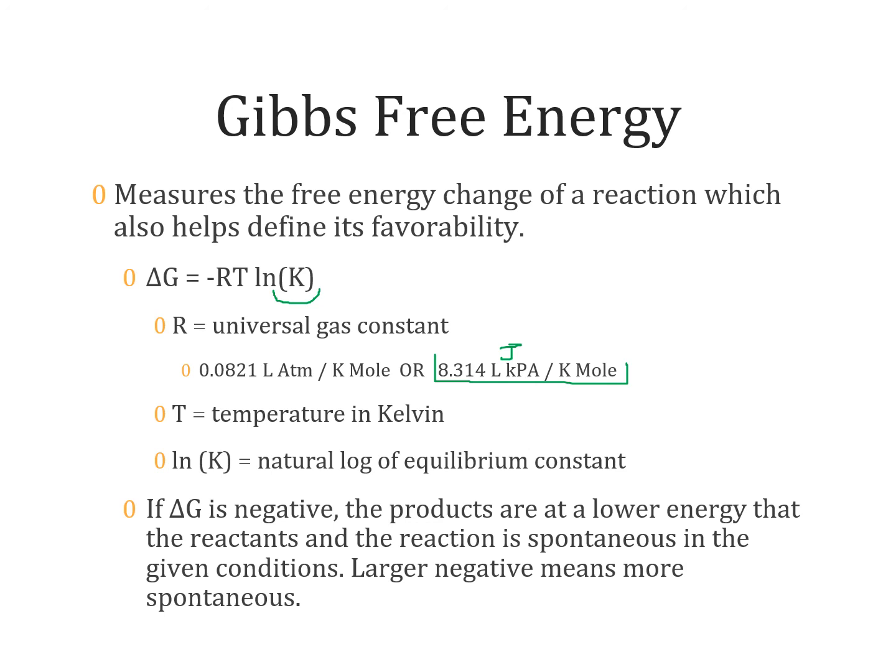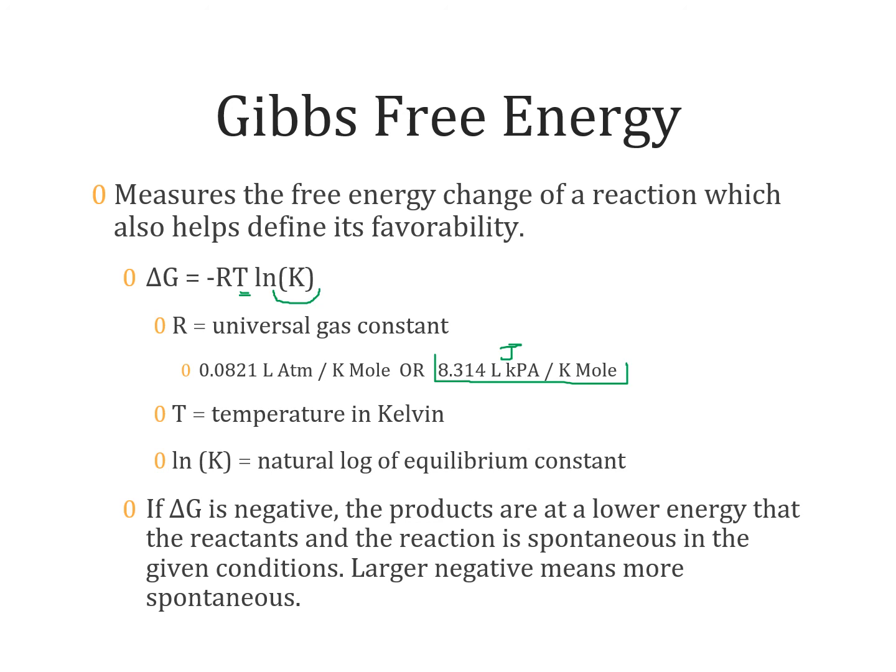But because you are multiplying, this is the unit of R, for example, joules per Kelvin mole, you need the temperature of the reaction, which will be given to you. It was about room temperature, about 25 degrees Celsius, but you need to convert that number to Kelvin.